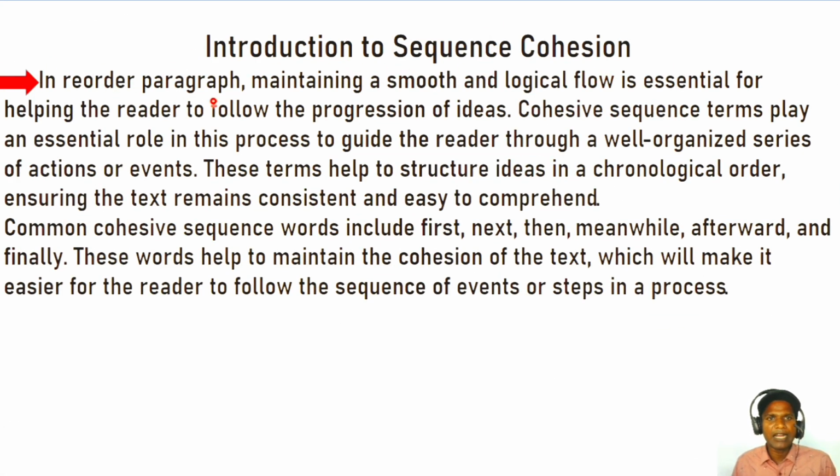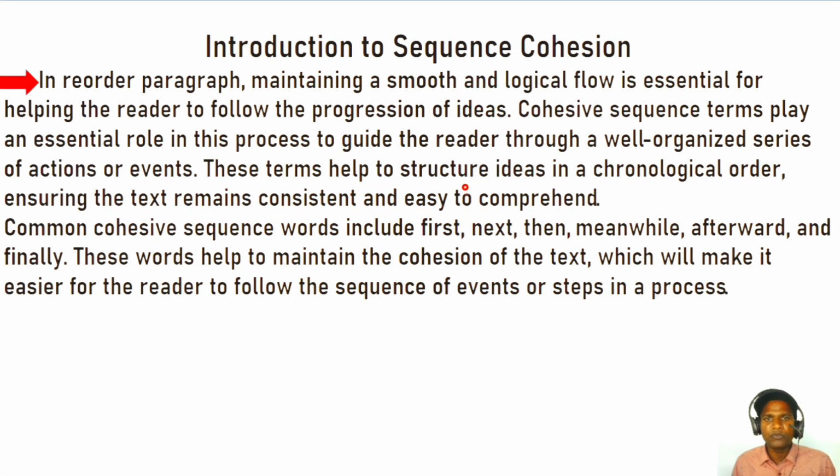Introduction to sequence cohesion. In reorder paragraph, maintaining a smooth and logical flow is essential for helping the reader to follow the progression of ideas. Cohesive sequence terms play an essential role in this process to guide the reader through a well-organized series of actions or events.